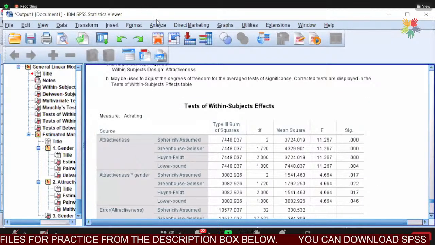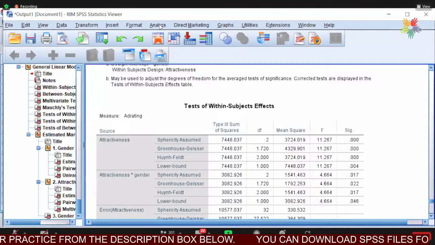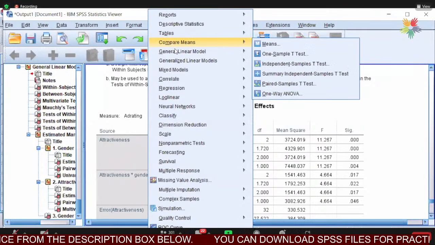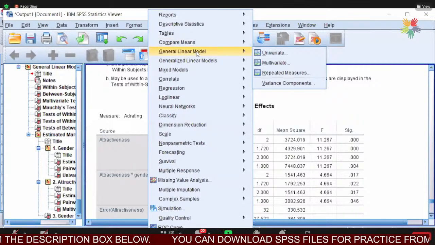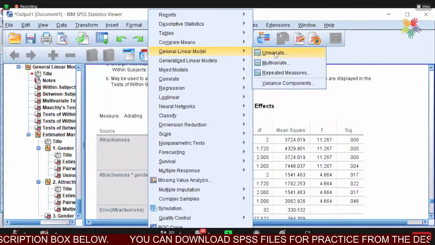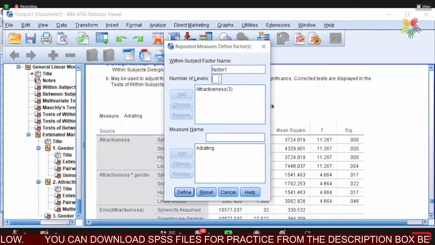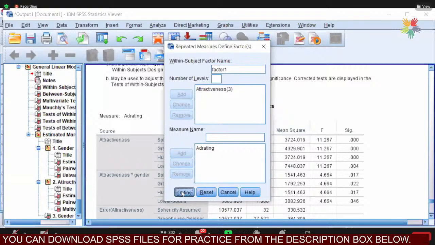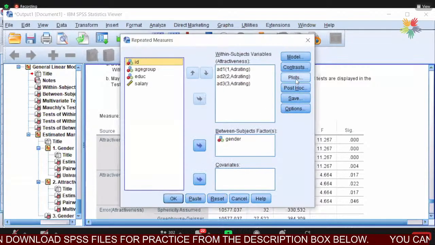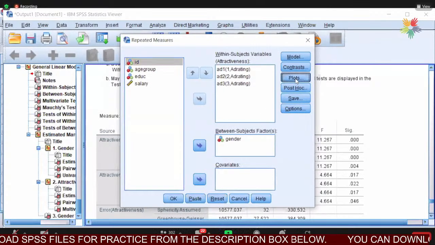Now the interaction effect can be seen using a diagram. Let us use the diagram also, right? Okay, so now plots, plots.